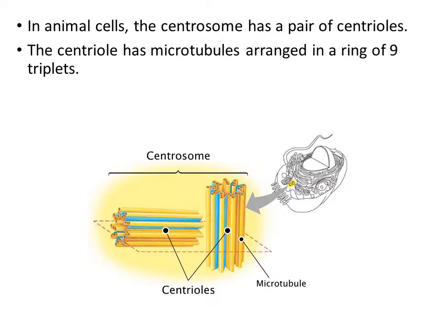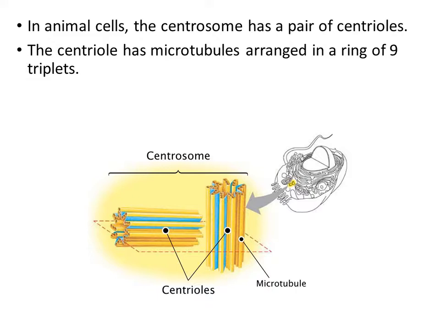In animal cells, the centrosomes have a pair of centrioles. So one centrosome has two centrioles. So once the centrosome replicates, you should have 4 centrioles within an animal cell.